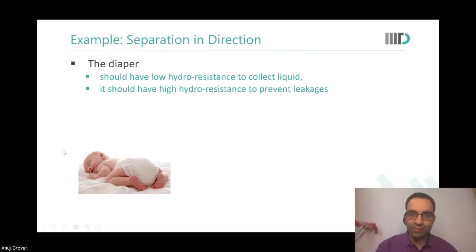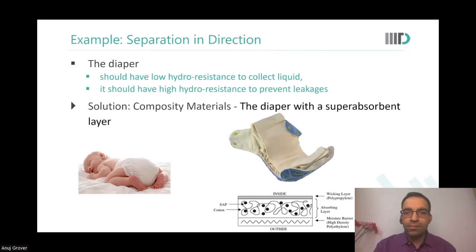So directionality. A diaper has a super absorbent layer, as you rightly said, where breaking this layer would be very difficult. If something is absorbed, coming out of that would be very difficult. So multiple layers solve the problem.